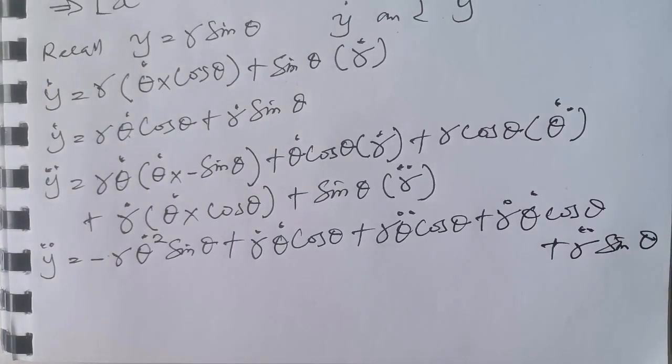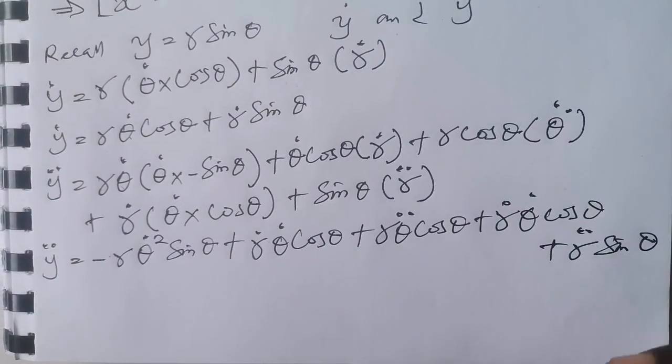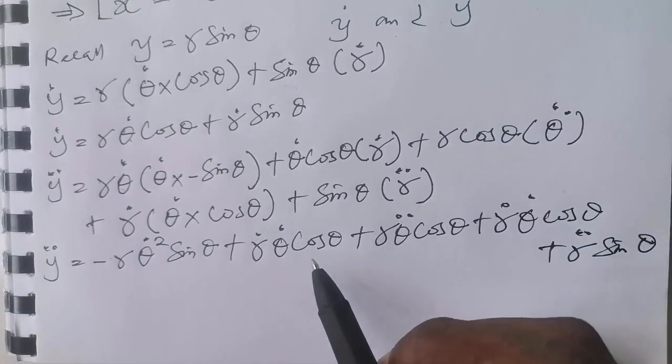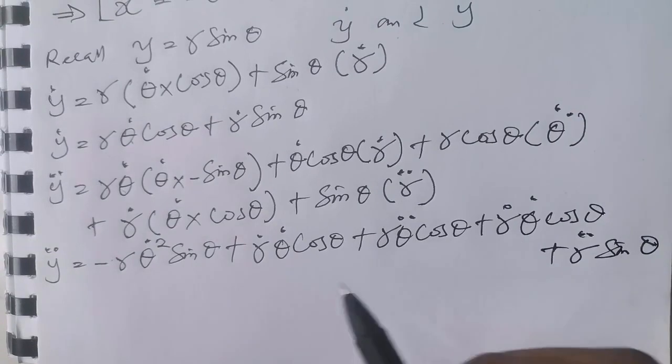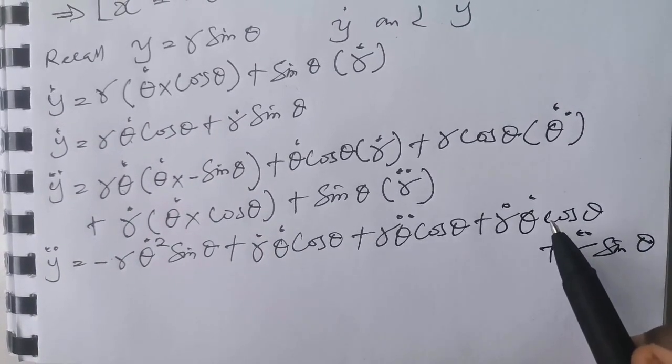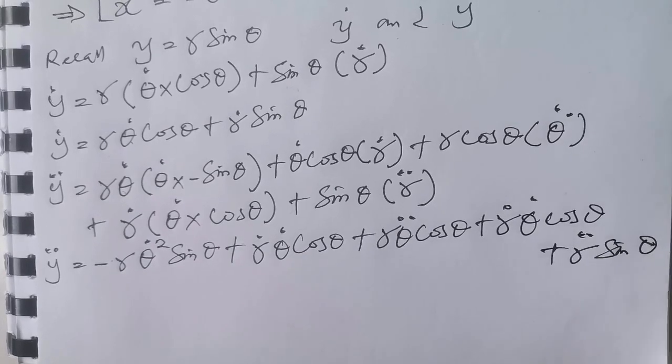So let's look through this equation and see if anything can add or subtract. You observe that we have plus r dot theta dot cos theta, and we also have plus r dot theta dot cos theta over here. So these two terms can add.